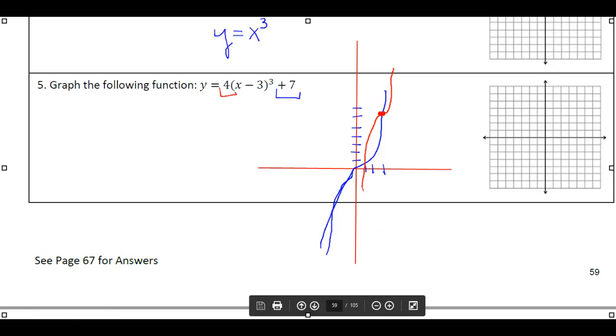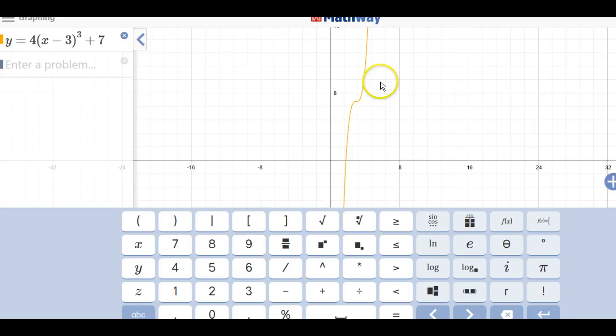And let's see what it looks like officially here. There you go. Pretty. So right there is where 7 is. And then since it's 4, it's in much closer. And then this is about where your +3 is, right there.